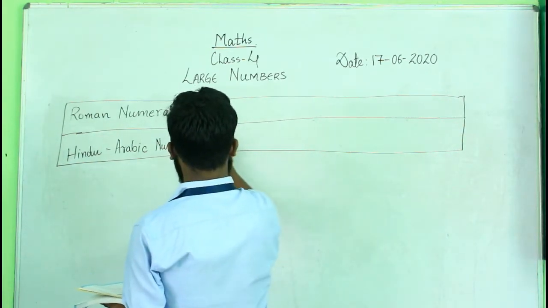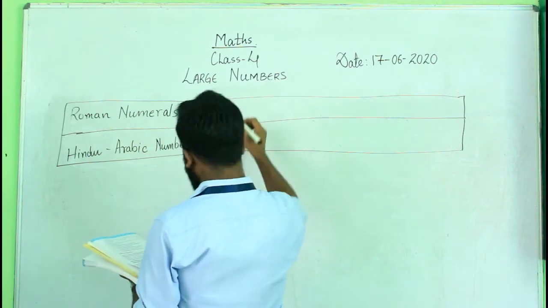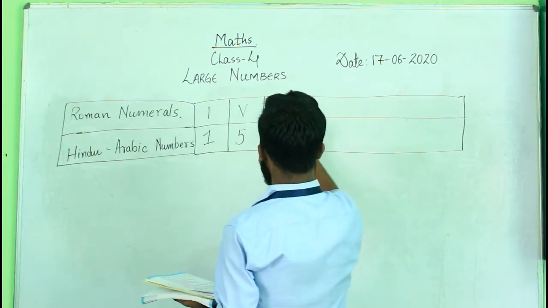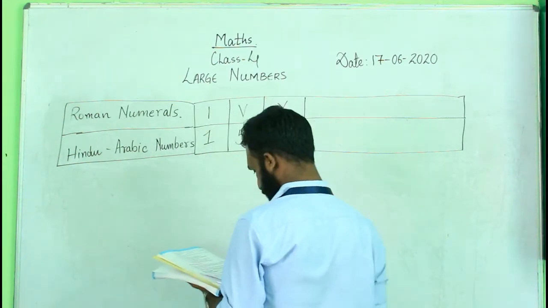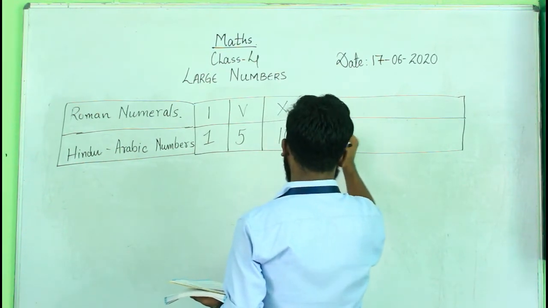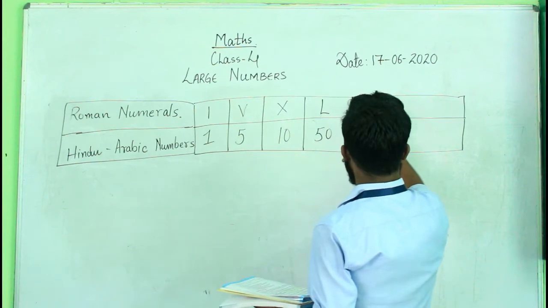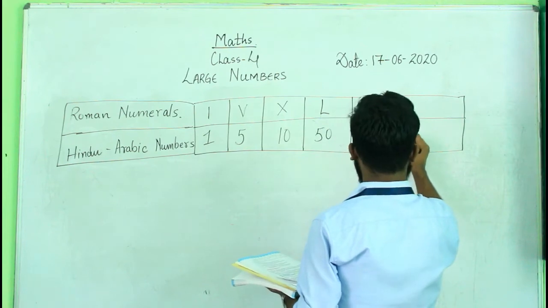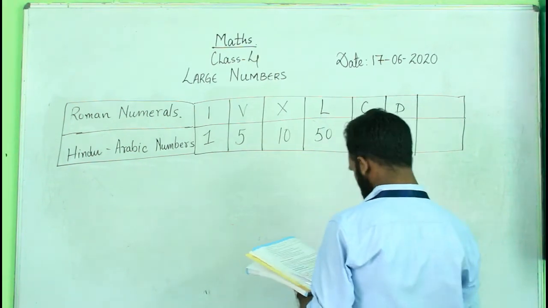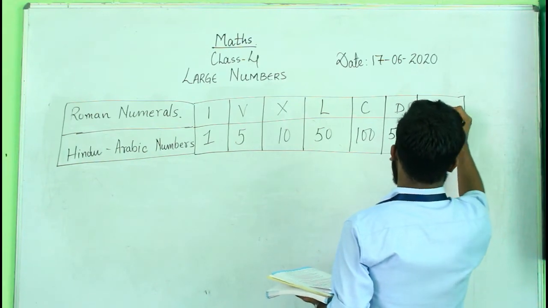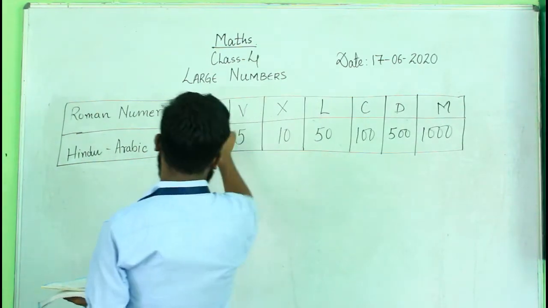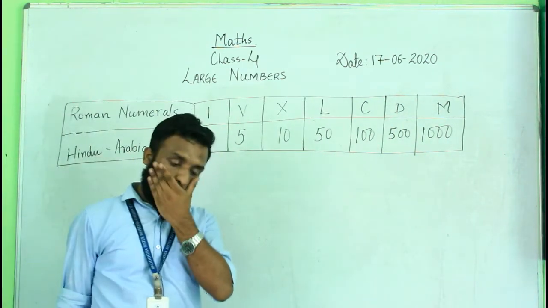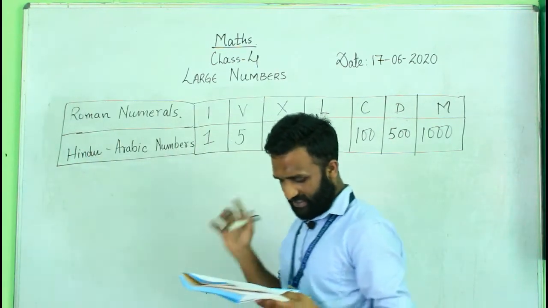For 1 they use I, for 5 they use V, for 10 they use X, for 50 they use L, for 100 they use C, for 500 they use D, and for 1000 they use M. They only use these 7 English alphabets to represent the numbers. Okay, this is how it is done.